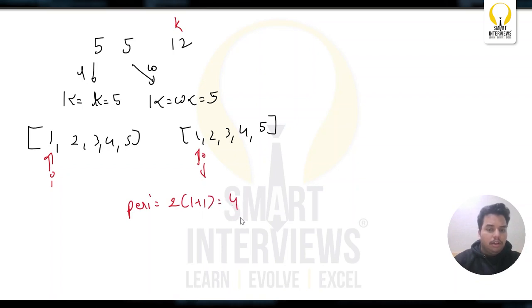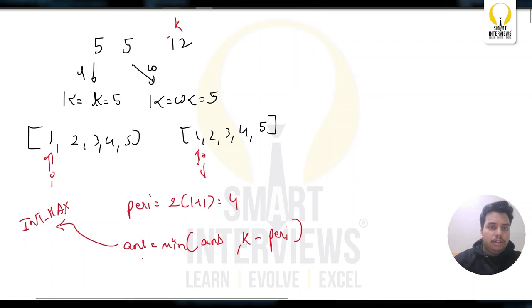For this, you'll keep a variable as answer and update it with the minimum of k minus the perimeter. You can initialize the answer variable as the maximum value, int max.